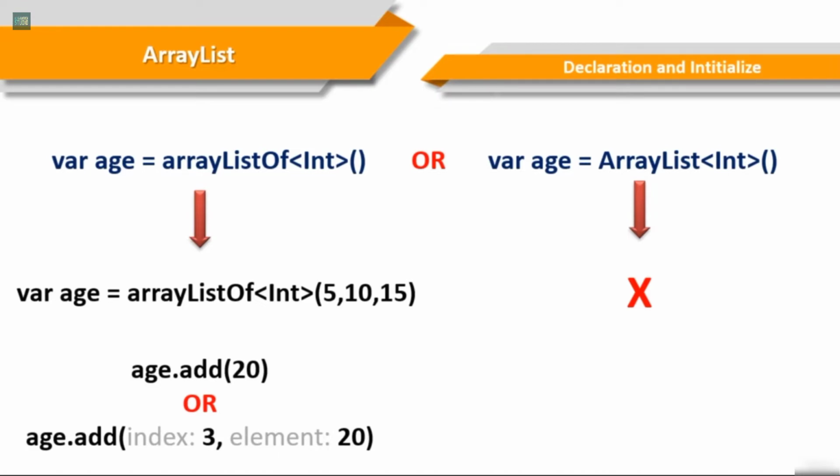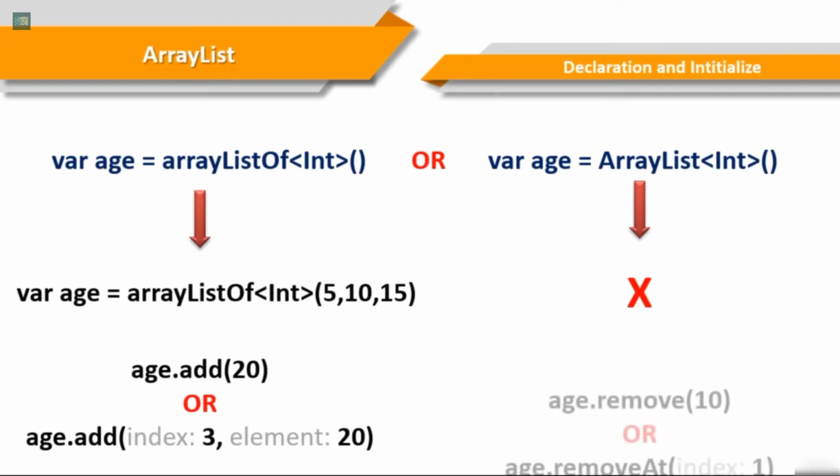In our example here, the last element, that is the third index numbered element, would be 20. Or we could specify the index number of the element that we will add, right? So in this case, we would need to write two parameters in parentheses. The first would be the index number, and the second is the element that we will add.